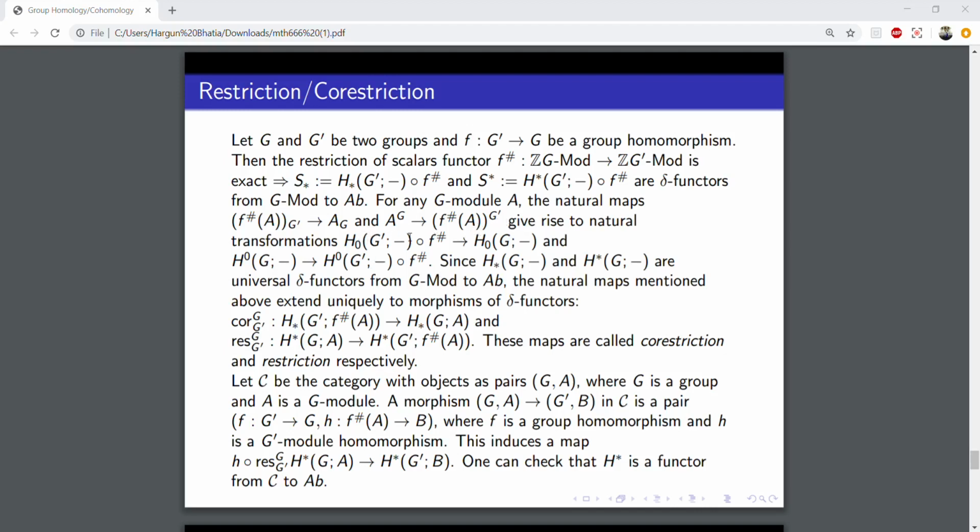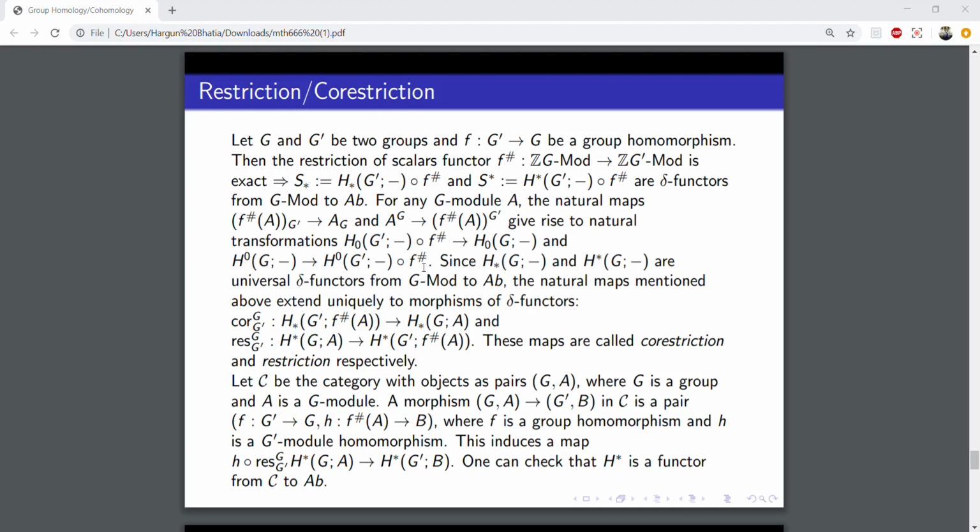So that means that between this functor S0 and this original homology functor of G, the zeroth one, there is a natural transformation. These natural maps give rise to a natural transformation from the cohomology of G to this composition S0, the cohomology of G prime composed with F hash.